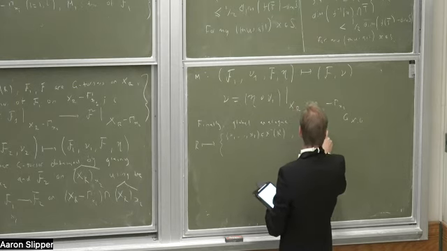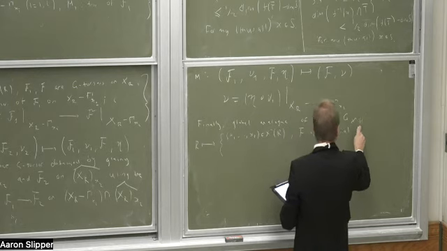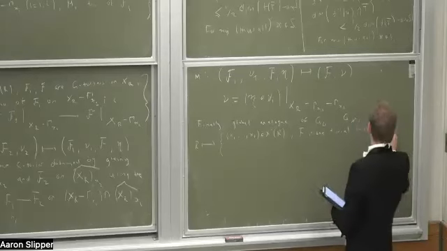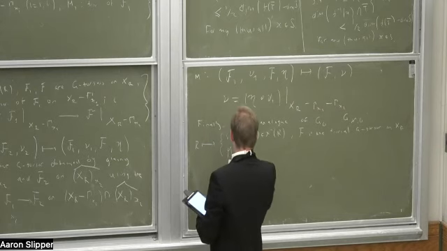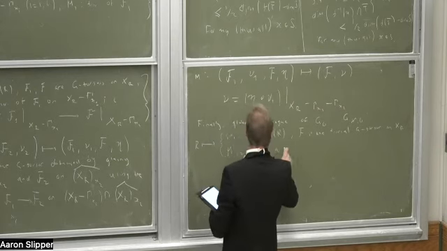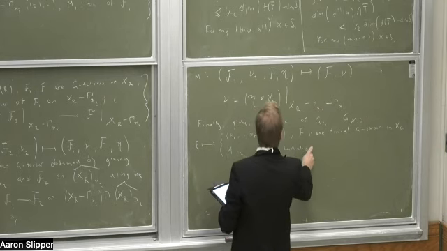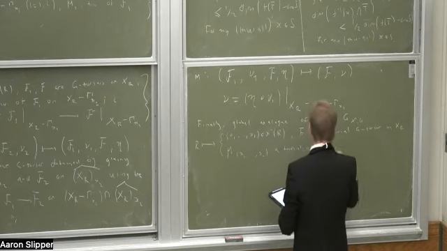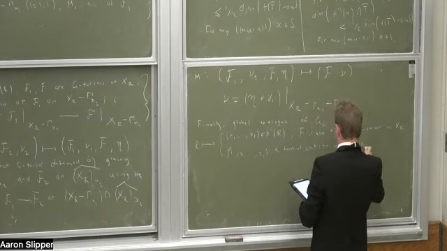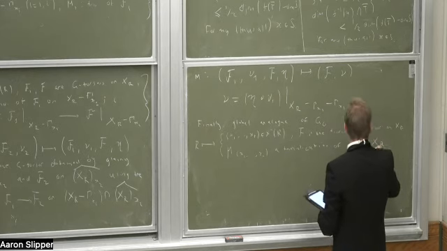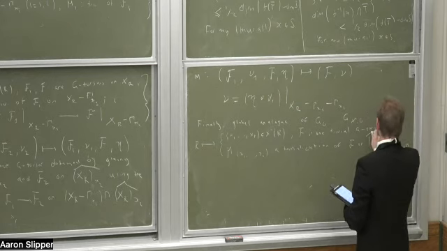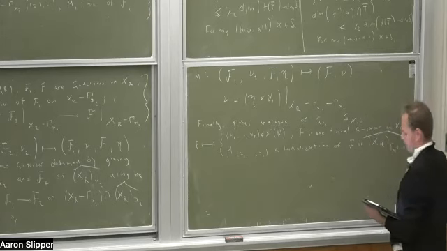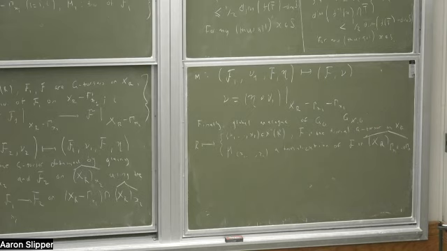F is the trivial bundle on X^R, mu X1 with X^N, a trivialization of F on... so here we're trivializing on each disk.